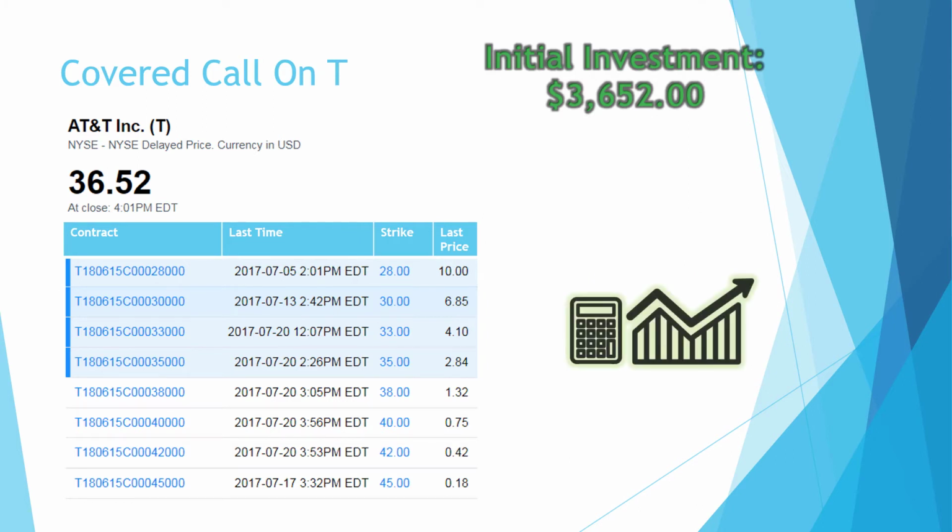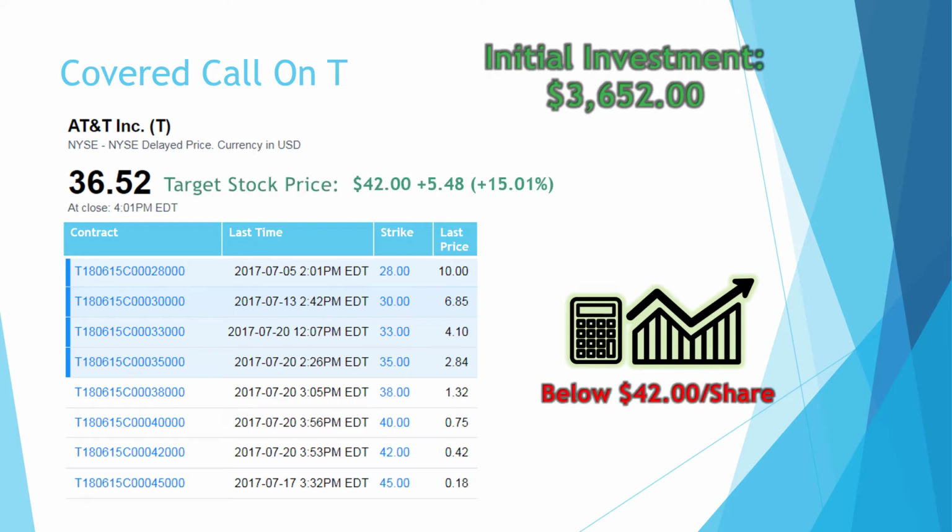The next step is to create a strategy. Let's say I predict that AT&T will be below $42 per share by expiration date. For AT&T to go to $42, that is a 15% increase from the current price. So I will sell the contract at the strike of 42 and collect $42 per contract.